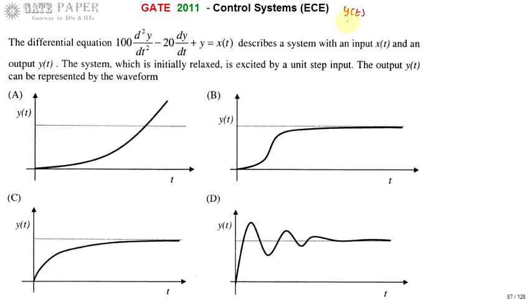Otherwise, from the frequency response, by obtaining the transfer function y of s divided by x of s, we can find the poles of the closed loop system, and from these poles we can specify the response. If you observe, this is a second order system as it has d square y by dt square.